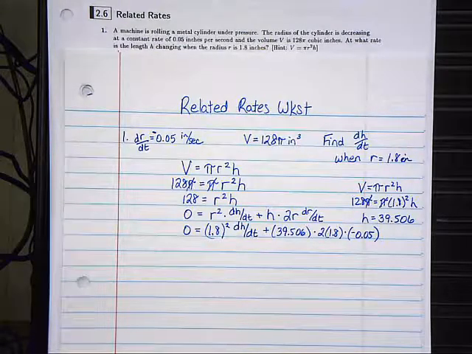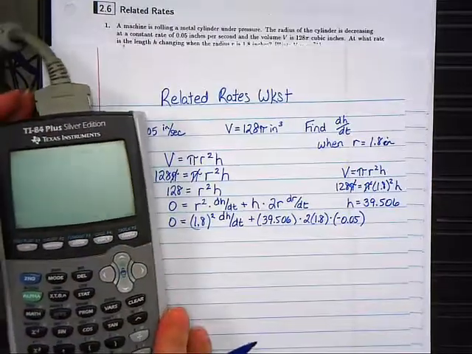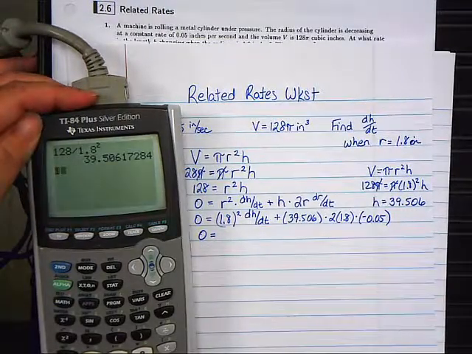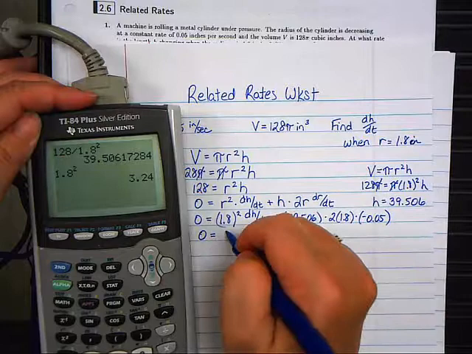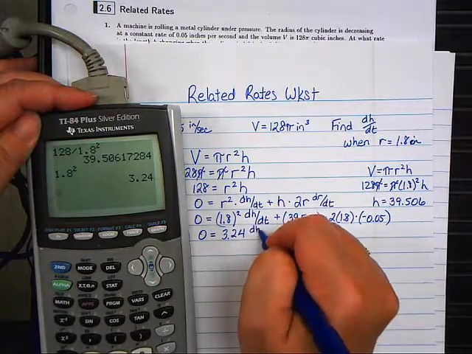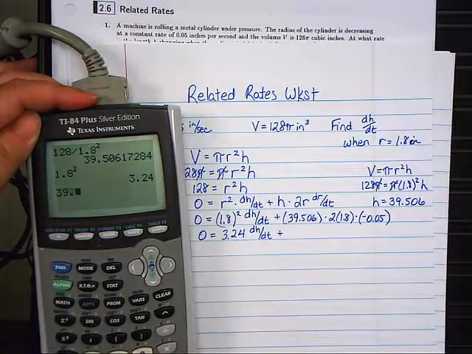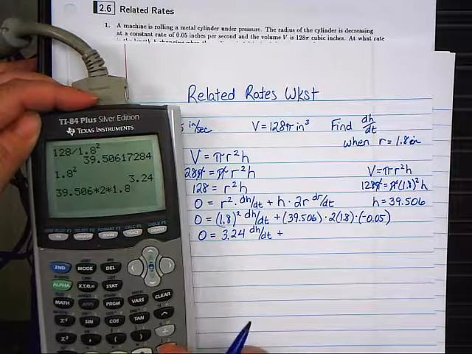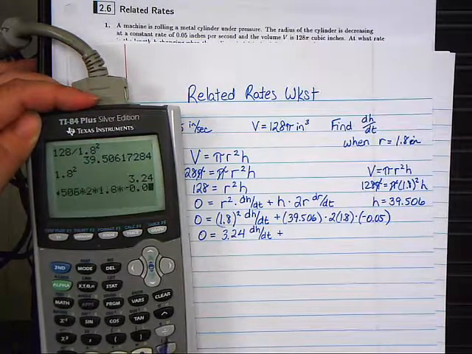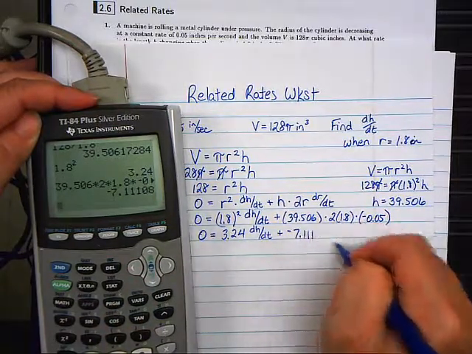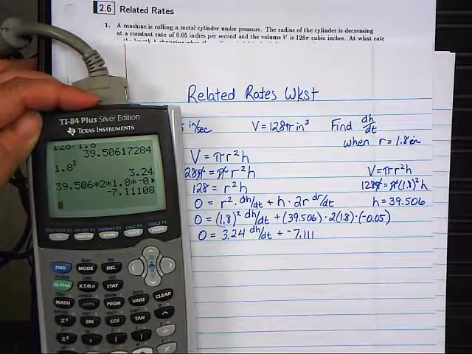So now I need my calculator back again. 0 equals 1.8 squared is 3.24 dh dt plus, multiply all that together, 39.506 times 2 times 1.8 times negative 0.05 equals negative 7.111, to 3 decimal places.